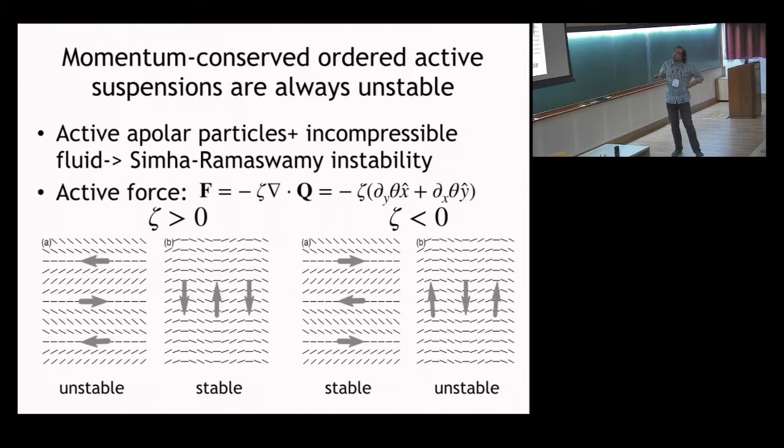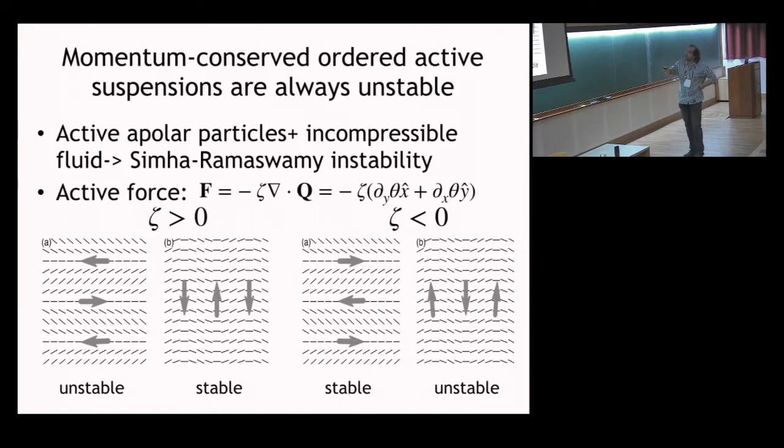And if particles pull fluid in through their ends, then any splay distortion will lead to a disaligning torque for the particles in the middle here, destroying the ordered phase. You can show that. And if particles push fluid out through their ends, a bend distortion of this form is unstable, right? And this happens irrespective of the value of zeta and irrespective of its sign.